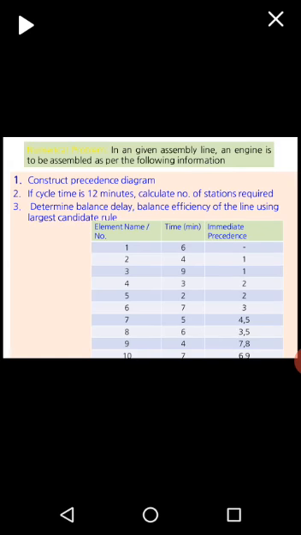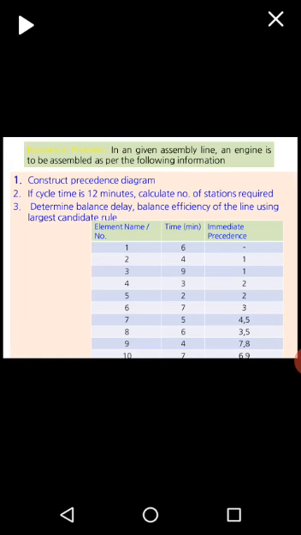Next, here is the given problem. In a given assembly line, an engine is to be assembled as per the following information. First, construct the precedence diagram. Second, if the cycle time is 12 minutes, calculate the number of stations required.